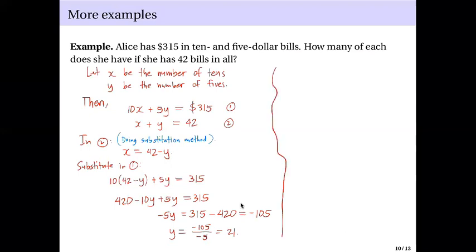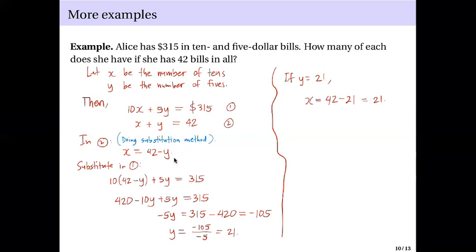Now, if y equals 21, we solve for x according to this. x equals 42 minus y, which is 21. This is also 21. Correct? All right.